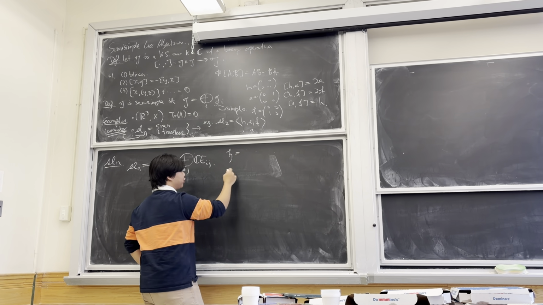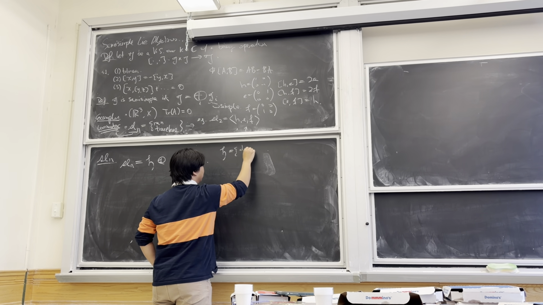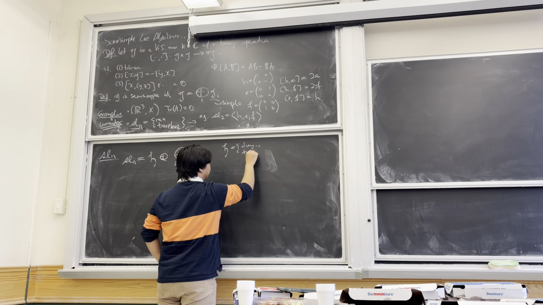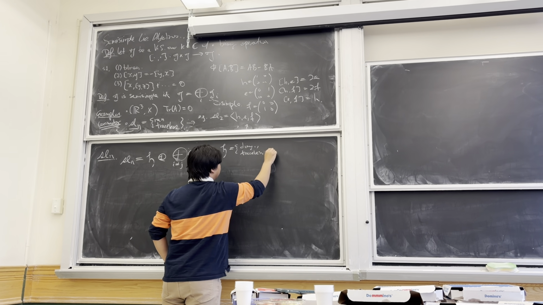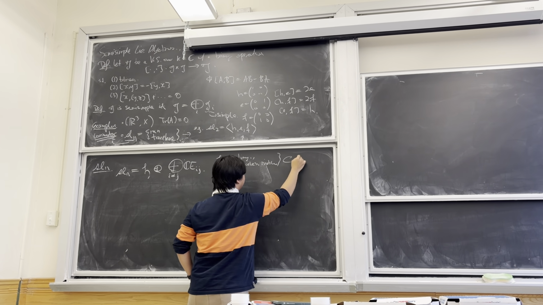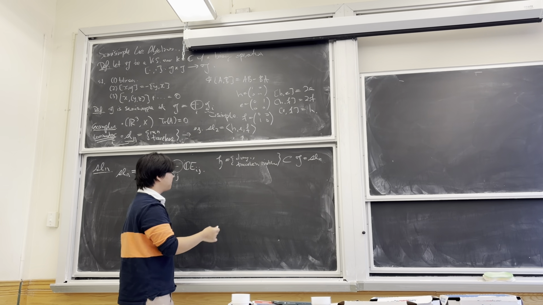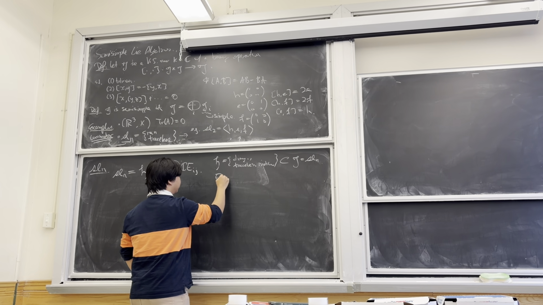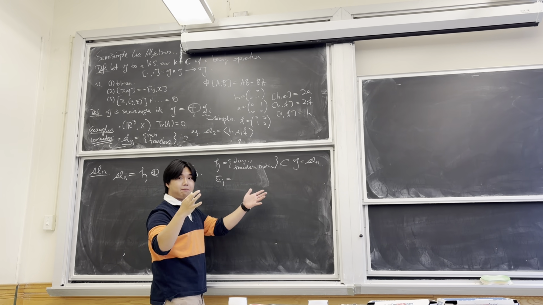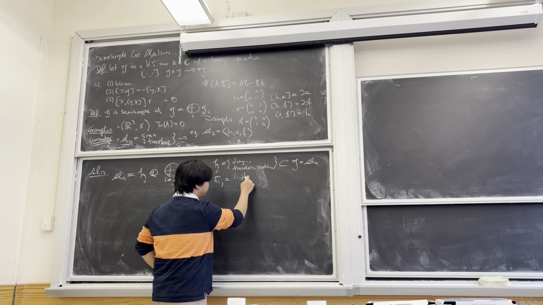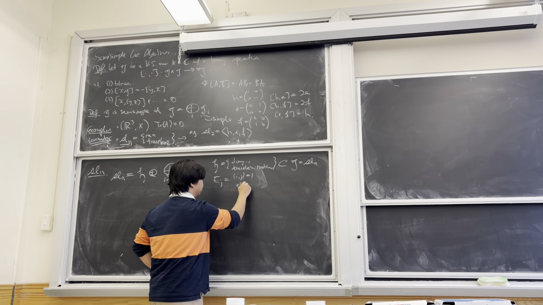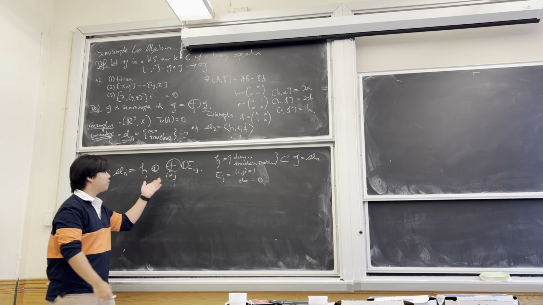So frak H here is just the set of diagonal traceless matrices, and these form a subset of SLN. And E_ij is just the n by n matrix where the entry at position ij is 1 and everything else is 0.